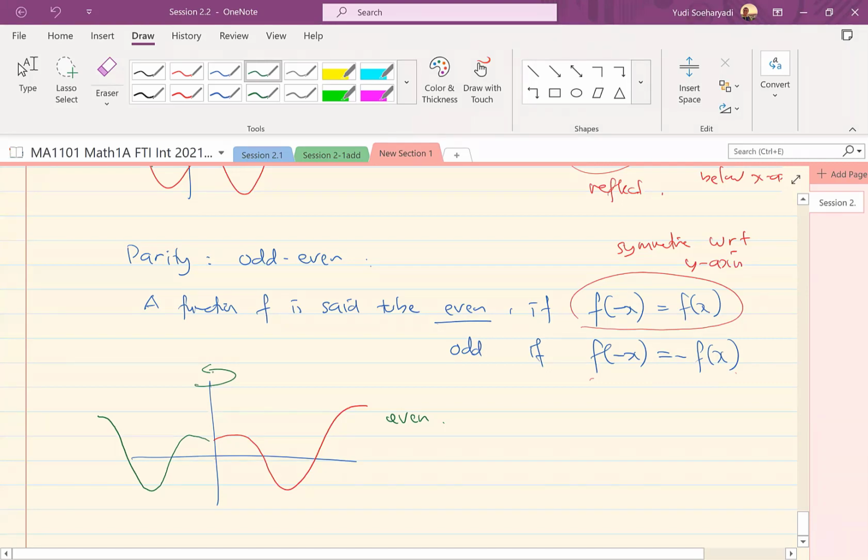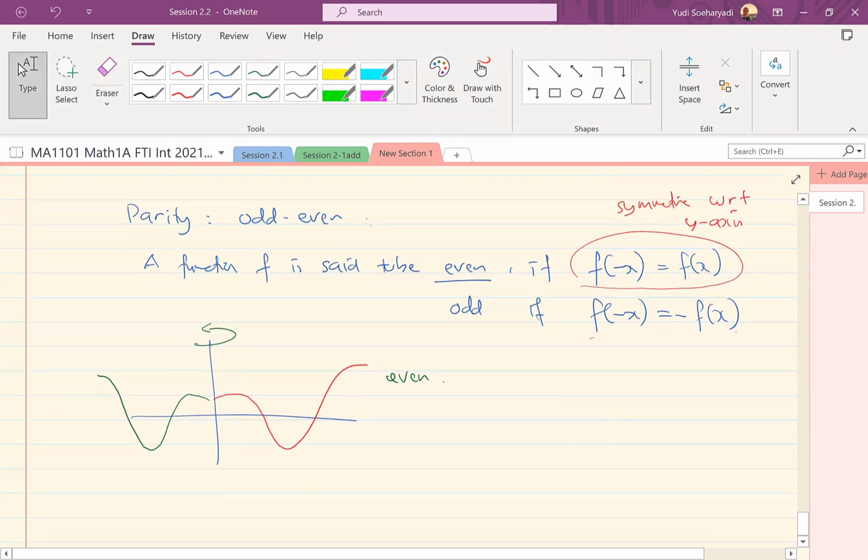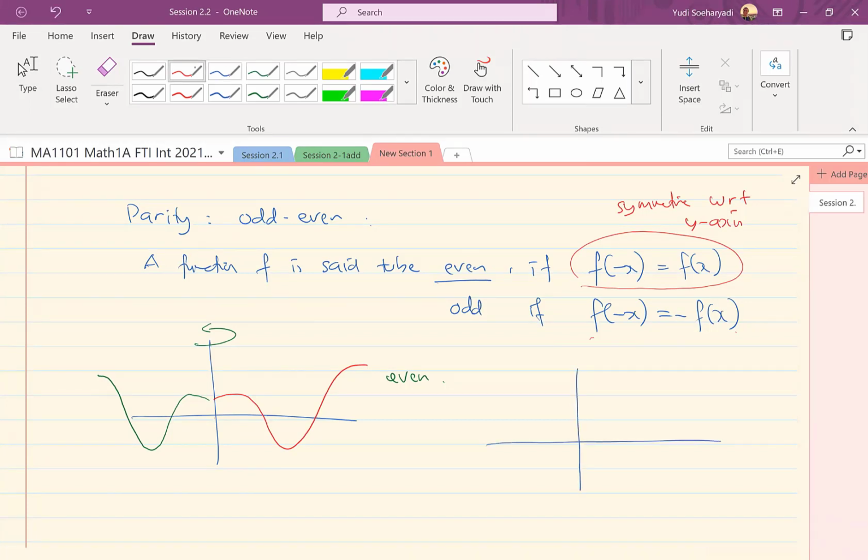And what about the odd one? Well, the odd one is this one here. For example, say the odd one looks like this.